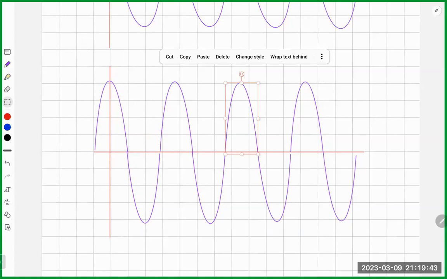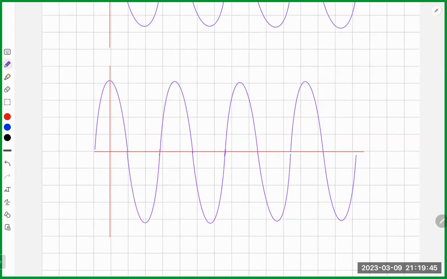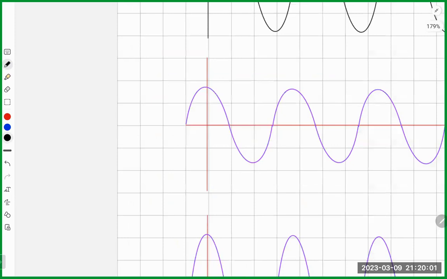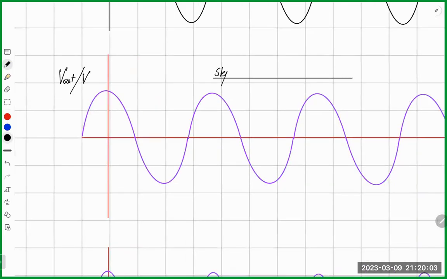It is the rate of change of magnetic flux that makes a difference. So this is V out in volts, step down transformer.